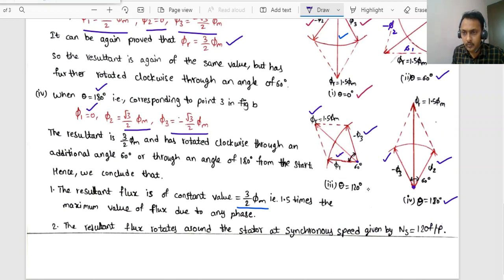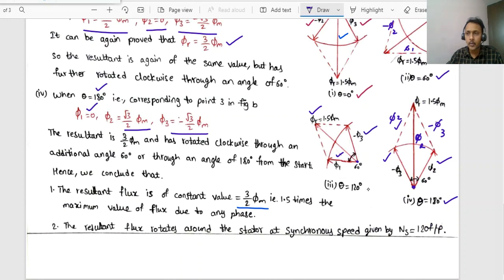To get the resultant of these two vectors, we draw a line parallel to phi 2. This is phi 2 and this represents minus phi 3. The resultant is this one, phi r, the resultant flux. The angle between these two is 60 degrees. On substituting and doing the calculations, we again get the resultant value as 3 by 2 phi m.